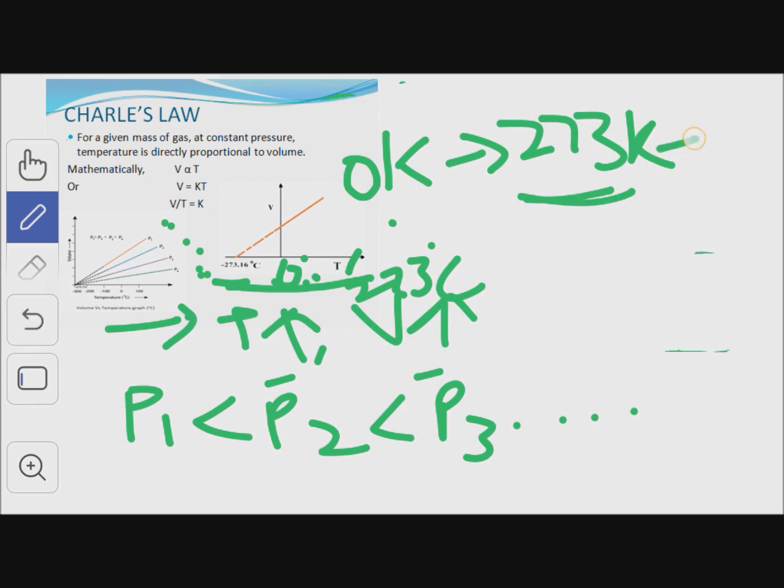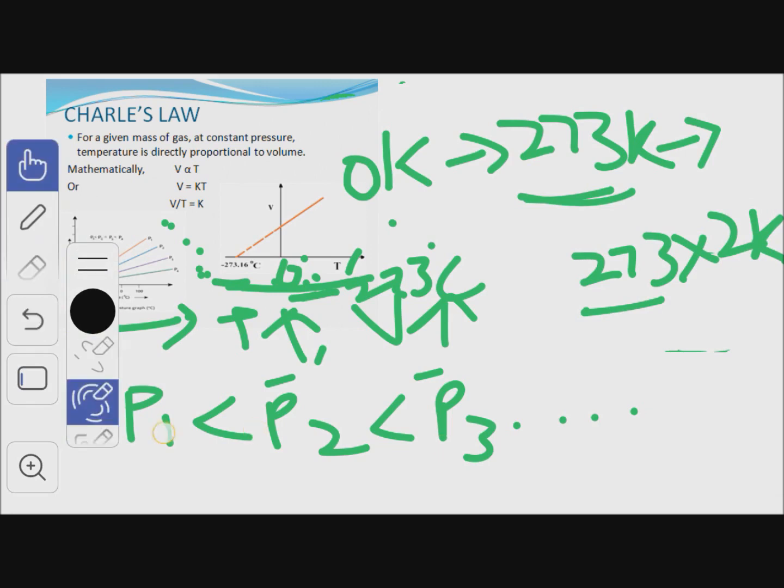And from 0 degrees Celsius to 273 degrees Celsius, it doubles the value of 273.